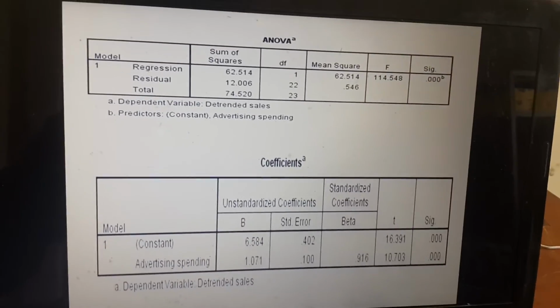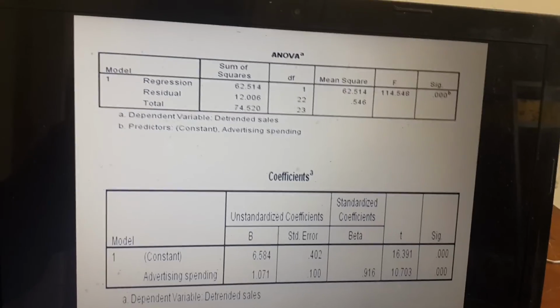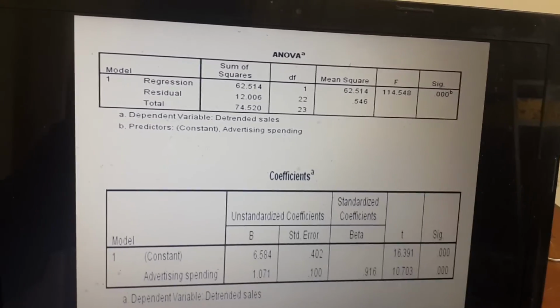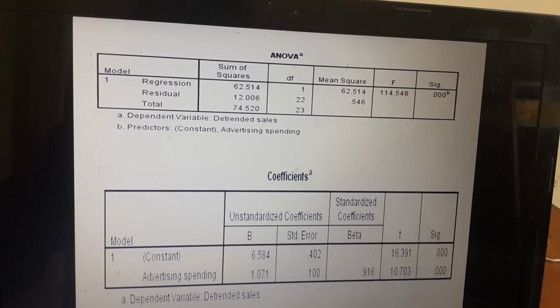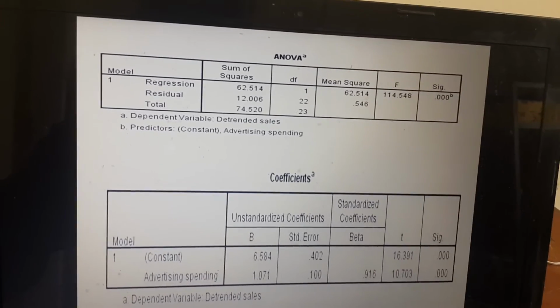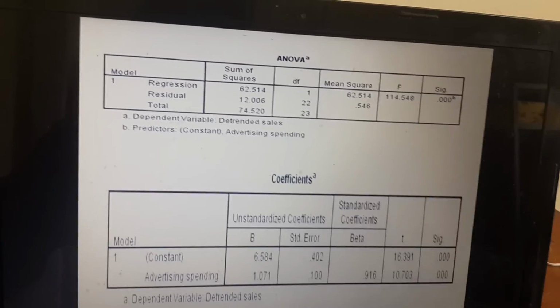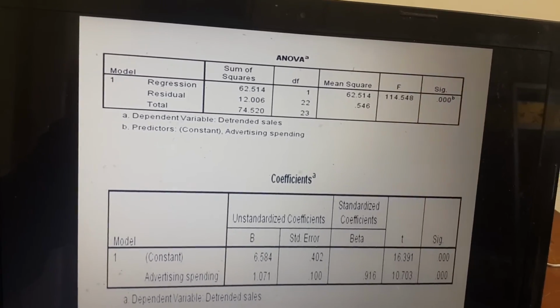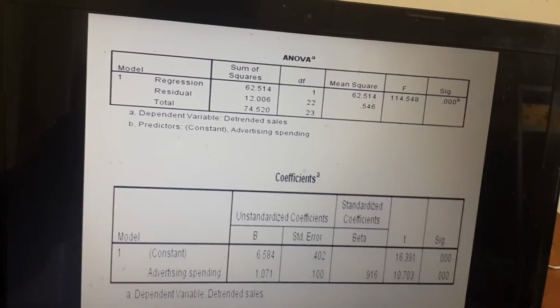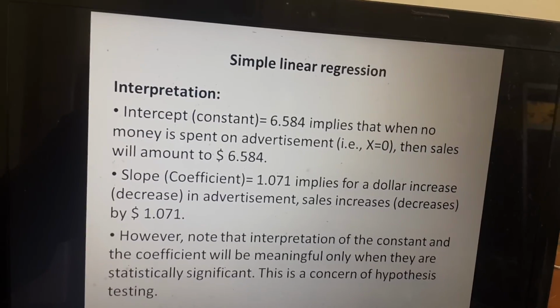The same is true in the coefficients table. In the last column, we can see that the significance is less than 0.05. So this means that these two variables are statistically significant. That means we can reject the null hypothesis.